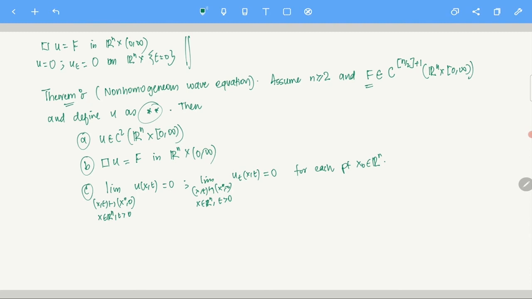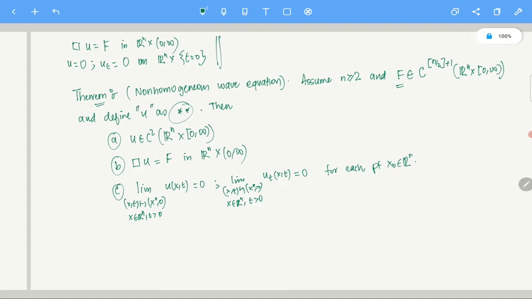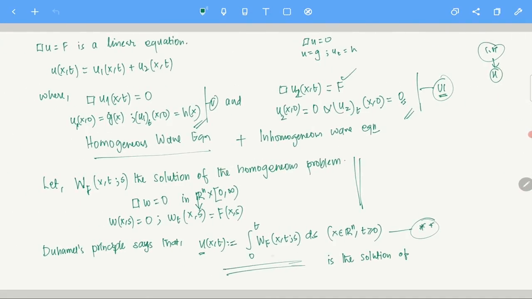So basically what it is saying is, if you want a solution of the non-homogeneous wave equation, that is given by this U. What is this U? U is given by the integral of Wf, where Wf solves this problem. Okay, and what is the total solution? U of (x,t) will look like U1 plus U2, where U1 is the solution of the homogeneous part with G and H, and U2 is the solution of the inhomogeneous part with 0 initial condition.